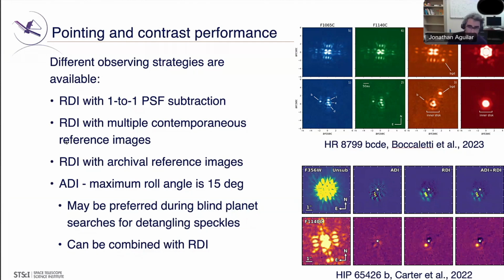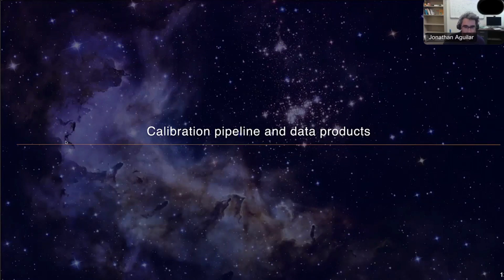For example, if you know where the planet is, maybe RDI is enough, but if you're doing a blind search for planets, even if you can only get 15 degrees of roll, you might want to prioritize that in your time, because you want to disentangle your speckles from your planets. It's important to think about your strategy when you're planning your proposal, your program.